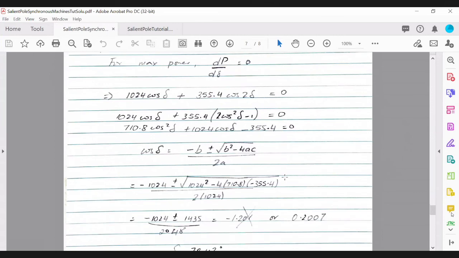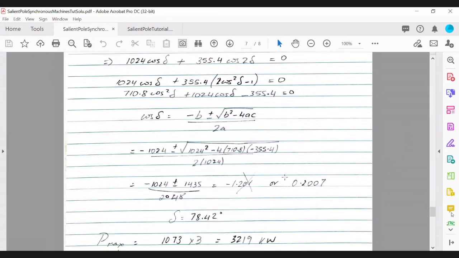Okay, so you can see if you use your trigonometric identity here, you end up with a quadratic equation in terms of cos delta, and using your quadratic formula, you have two solutions. One will fall outside the range for cos of delta because it lies between -1 and +1.